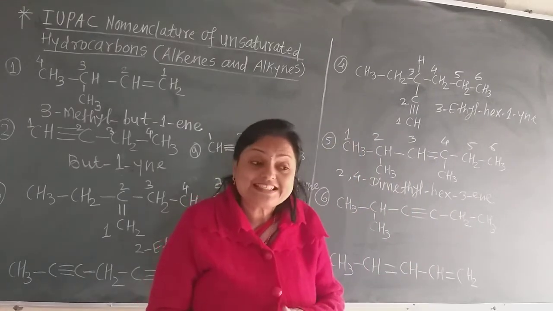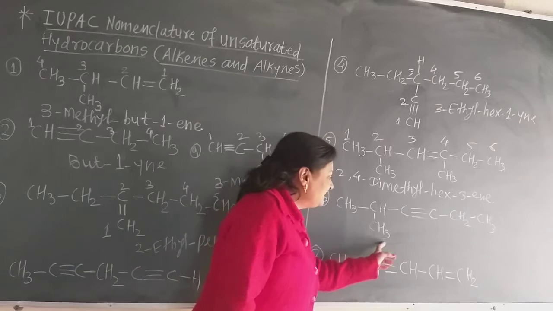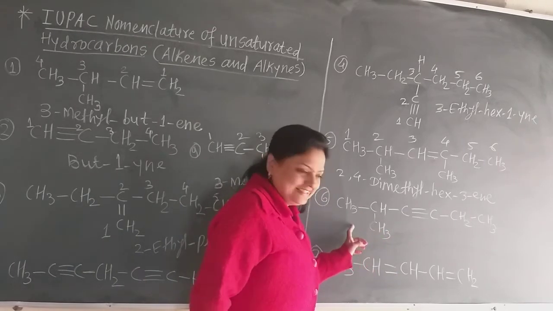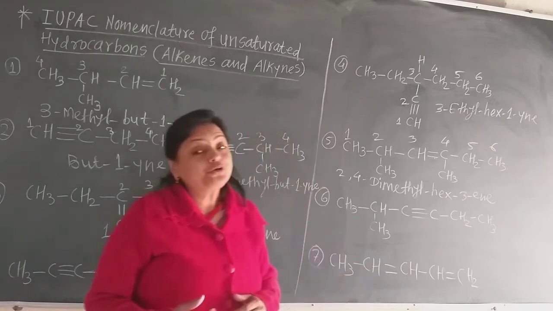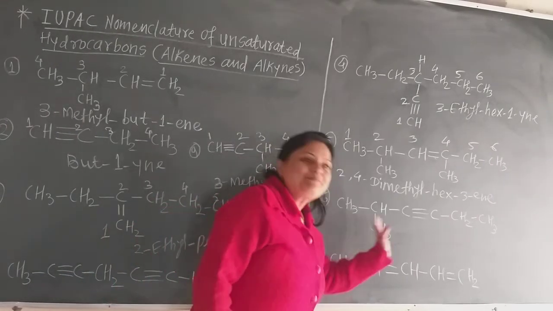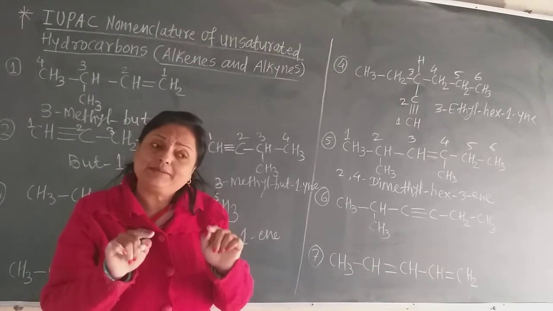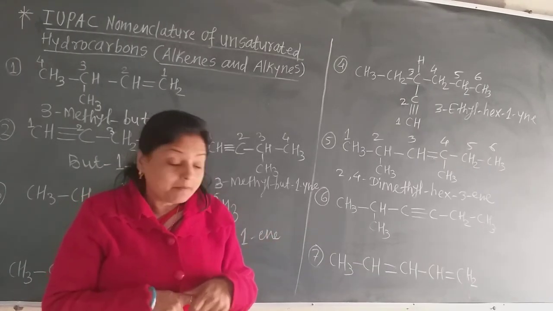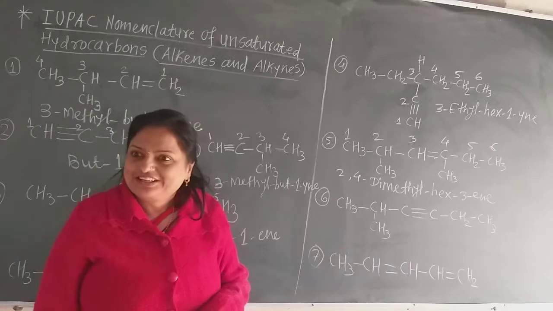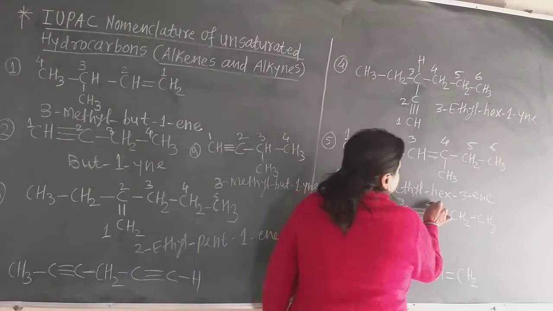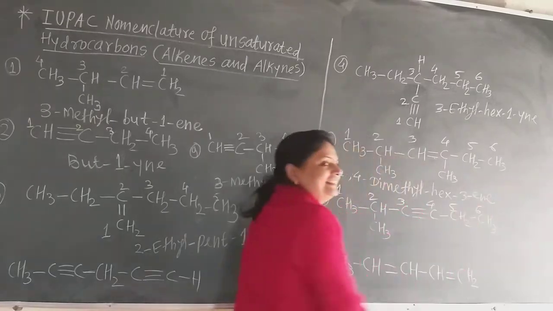But here the substituent is on the second carbon from this side. So we have to give the numbering from the left-hand side, because on both sides the carbon containing the triple bond is the third carbon, but here is the substituent. So give the numbering 1, 2, 3, 4, 5 and 6 in this way.